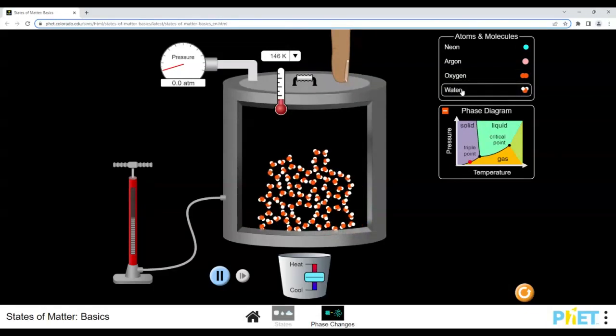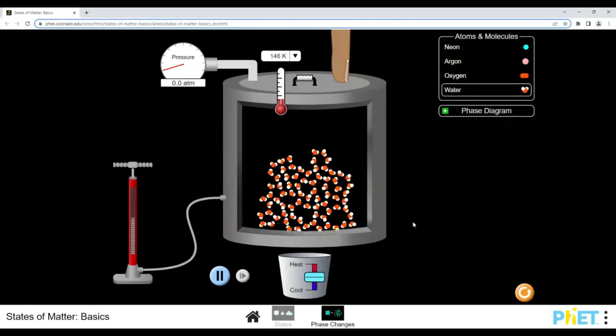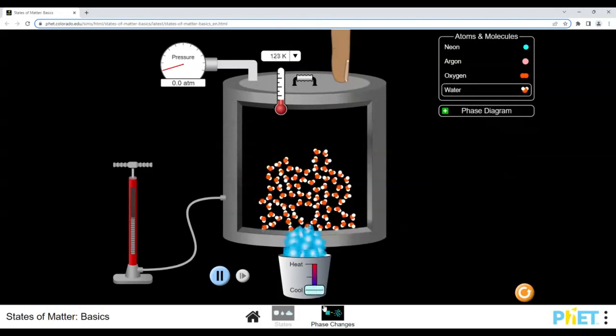Okay, then one more element, if we take a look at water, so we'll reset, we'll turn to water, that way we're in our base conditions. And if we cool it all the way down, I hope it's not a surprise by now, but we're lowering the temperature, we're lowering the motion, and eventually we will get a condensate.